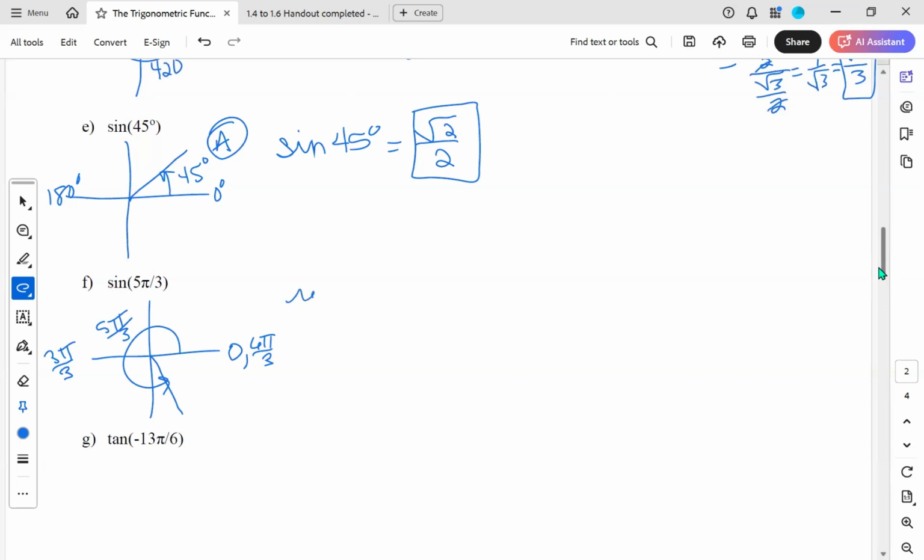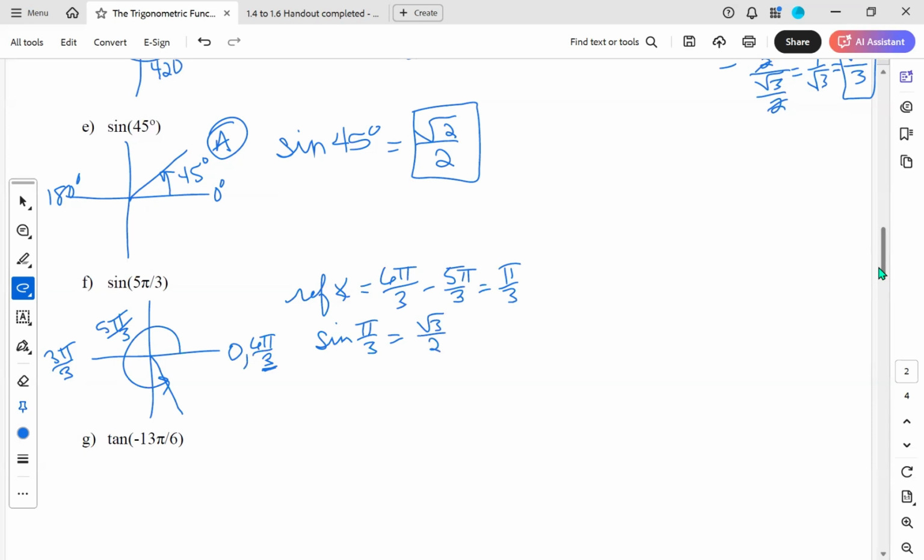We need our reference angle because it's not in quadrant 1. So we're going to take 6 pi over 3 because we're coming off of the x-axis, using the bigger one. So 6 pi over 3 minus 5 pi over 3. That's going to give me a reference angle of pi over 3. So thinking it through, I want to do the sine of pi over 3, which ends up giving us square root of 3 over 2.